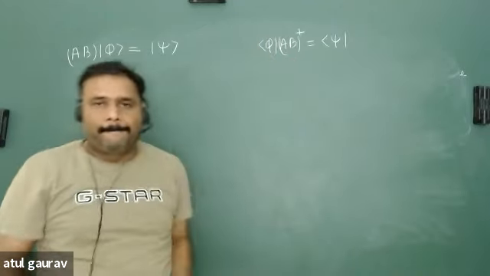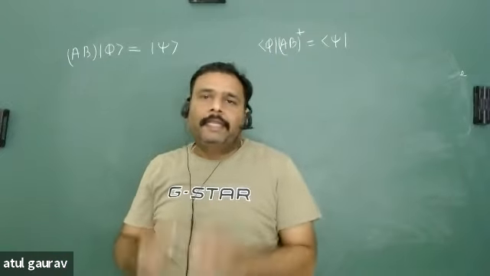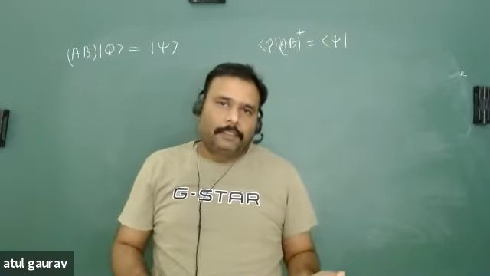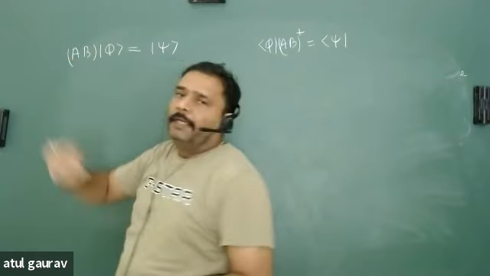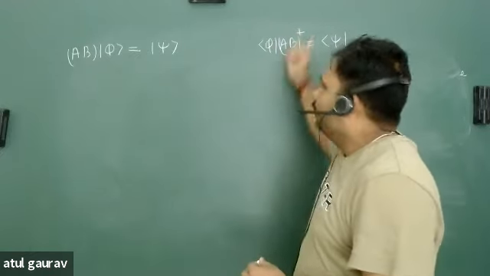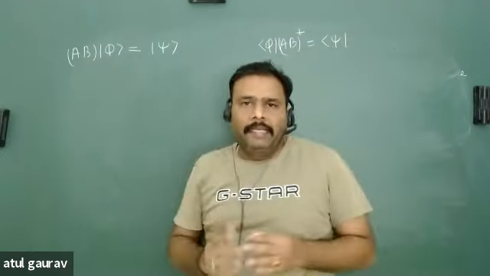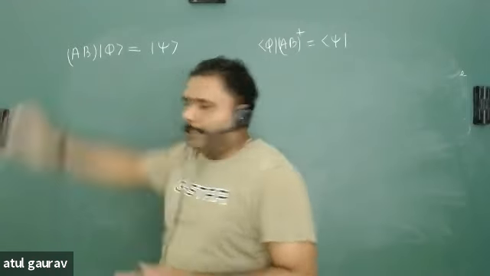If you know the operation on the ket, you can write the operation on the bra. You can assume AB is some operator. When we are writing for the bra, you will just take the dagger.